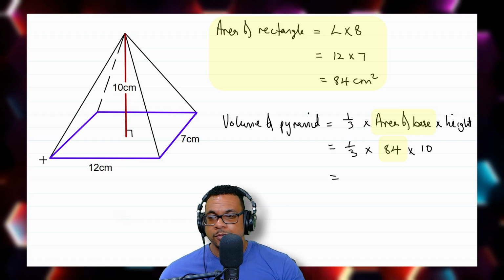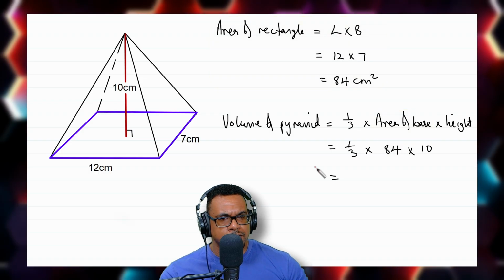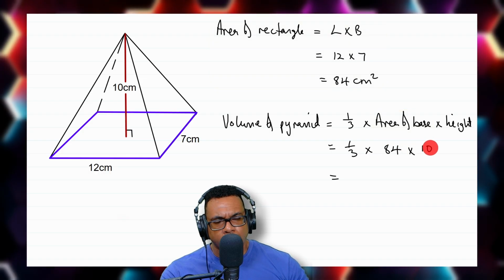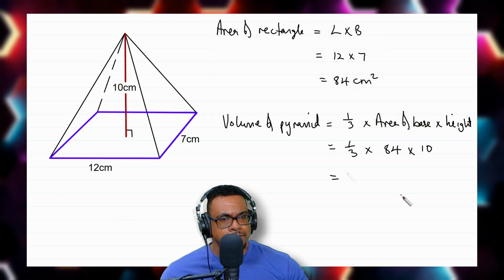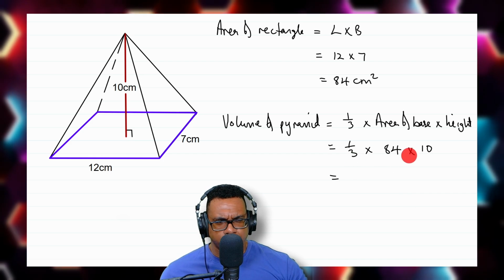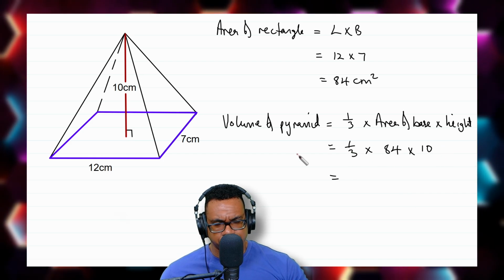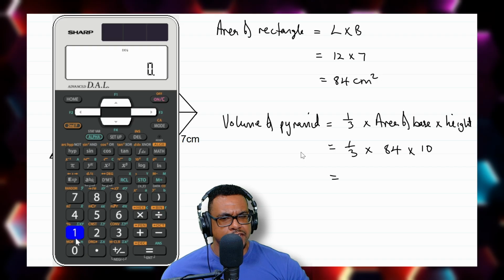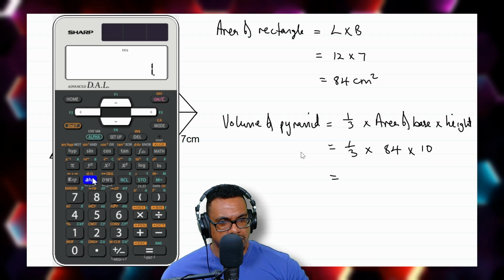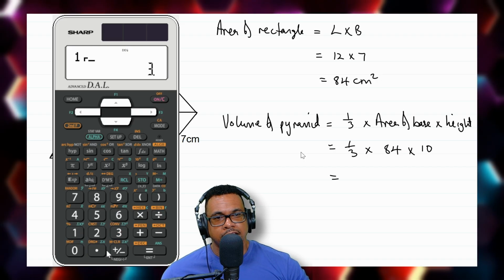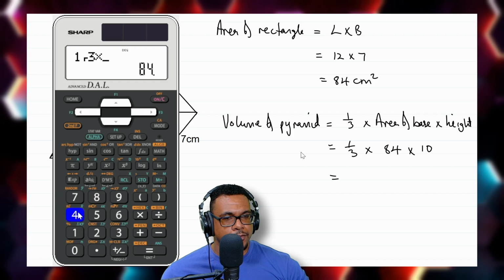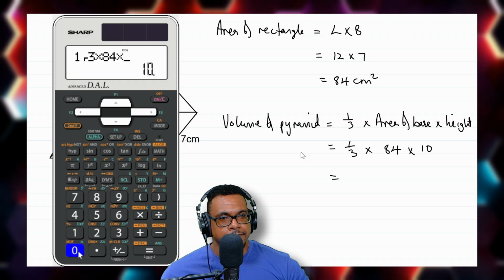So that'll be equal to. Now you could put the 84 over 1 and the 10 over 1 and see what you could cancel. Or we could use the calculator and just type all this in and get the answer. So on the calculator, we put in the 1/3, use the fraction button, 1/3. And then we multiply it by the 84 and then by the 10.